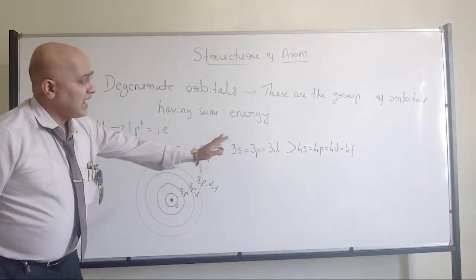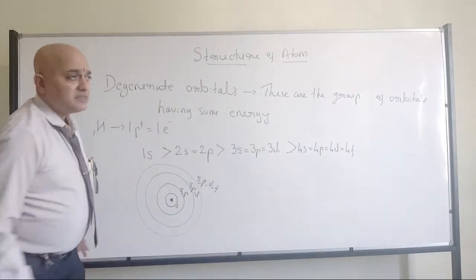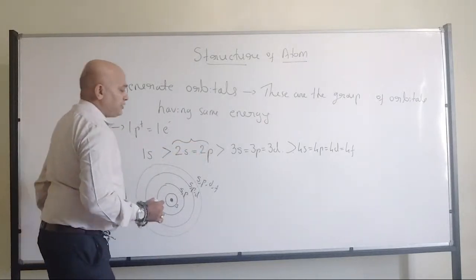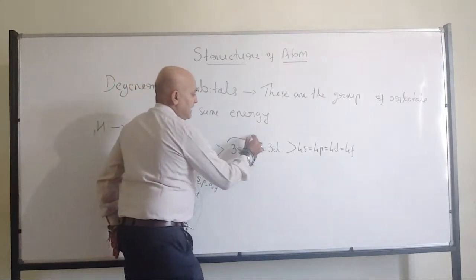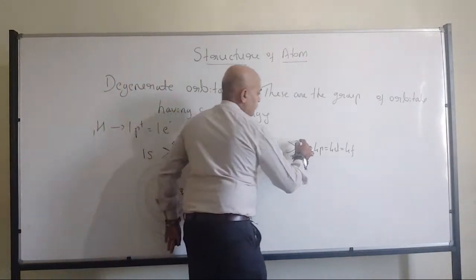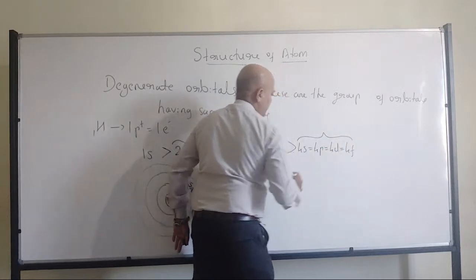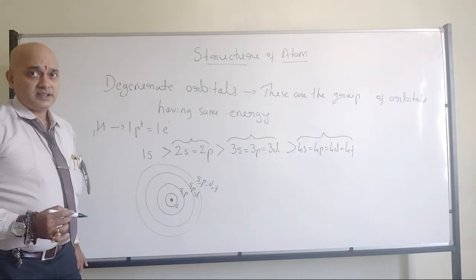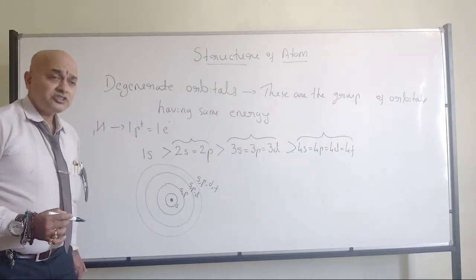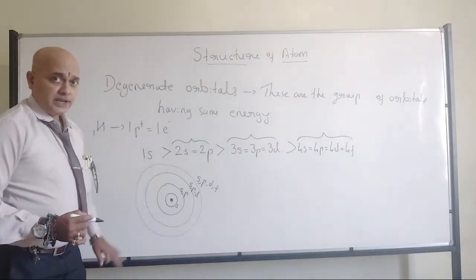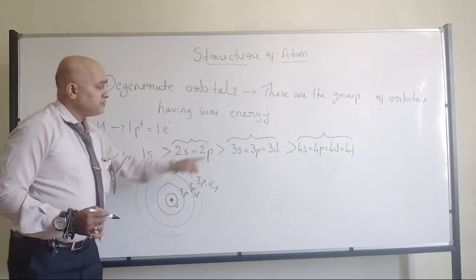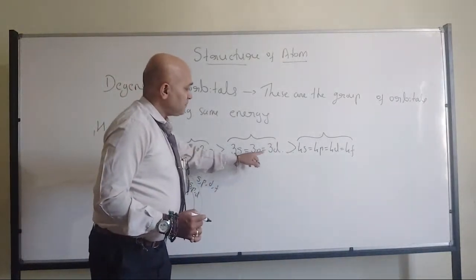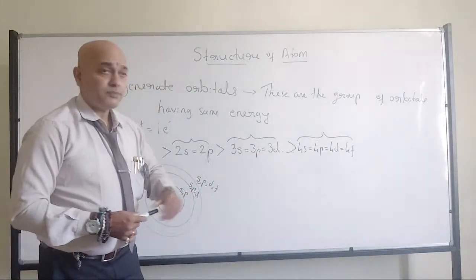However, among what I have written on the board, 2s and 2p, 3s, 3p and 3d, 4s, 4p, 4d and 4f can all be considered degenerate orbitals. All of you have understood? So 2s and 2p can be degenerate orbitals, and 3s, 3p, 3d can be degenerate orbitals.